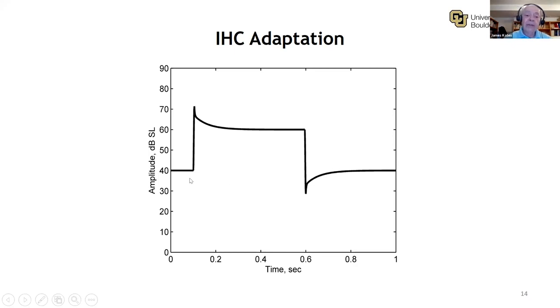So here I have a sinusoid, I've turned it on, and then I've turned it off, and we can see that as soon as I turn it on, we have a peak in the neural firing, and then that firing rate slows down and remains constant at a lower level. So the auditory system is sensitive to changes, especially onsets of sounds. If something stays the same for a while, we get bored and we reduce the firing rate. So again, this may be important for building some models of speech and speech detection because onsets seem to be more important than steady state.